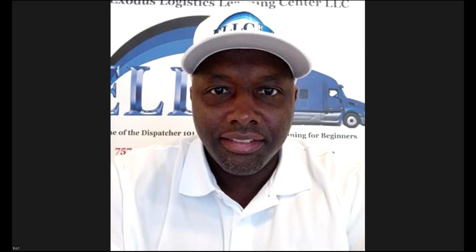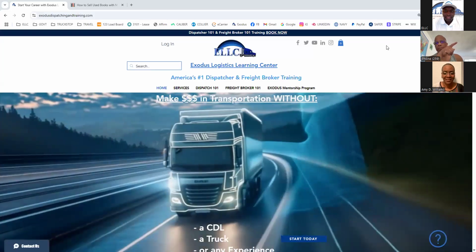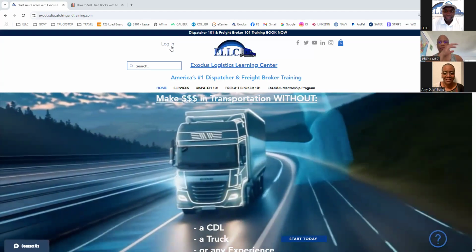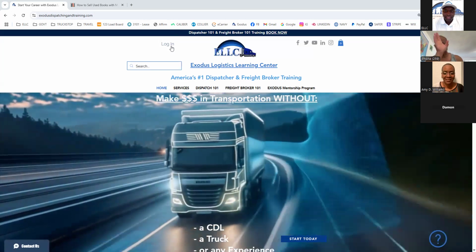Let me bring my dispatcher screen up real quick. So on the dispatcher side, we're not talking about the broker side, we're talking about the dispatcher side. Yeah, right. Because I had a couple questions for you too. When I go to my load boards, the broker subscriptions, how do I use that for dispatching, or is it something completely separate?